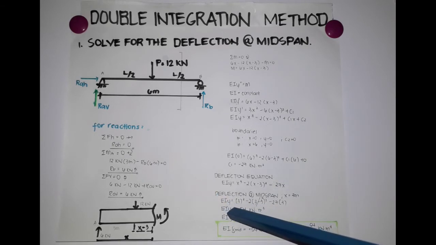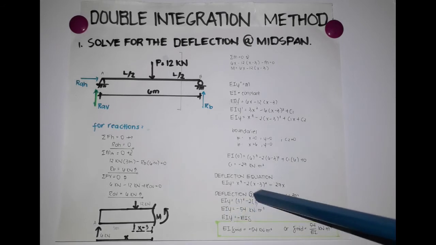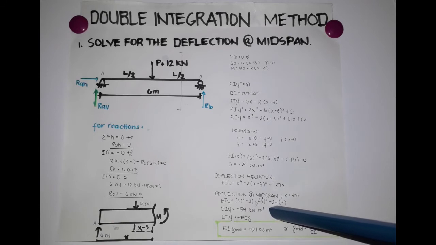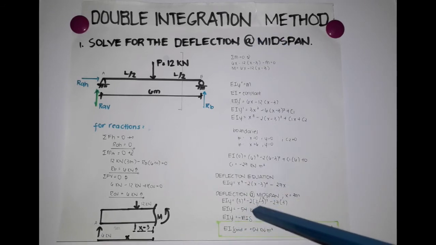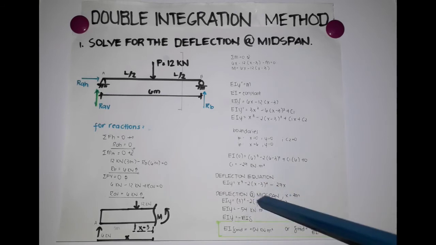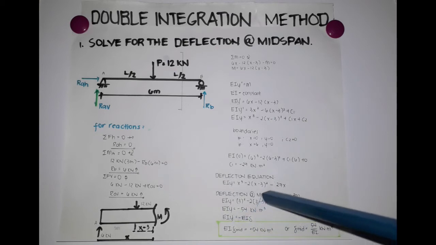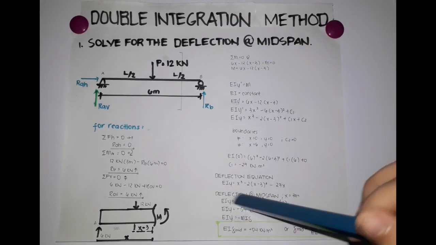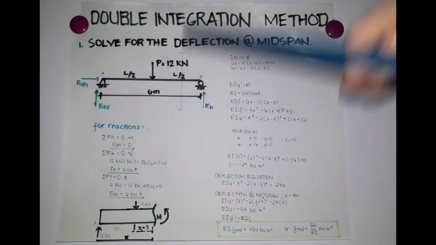EIy is equal to 3 raised to 3 minus 2(3 minus 3) raised to 3 minus 27 times 3. Since 3 minus 3 is equal to 0, makakancel to. Magiging value ng EIy is equal to negative 54 kilonewton meter cube. Negative value kasi pababa yung magiging deflection.